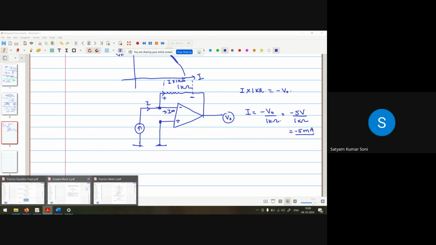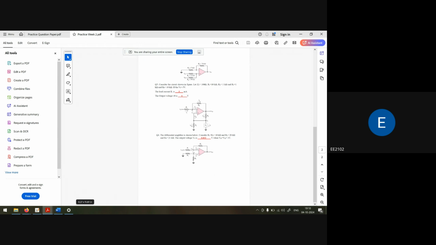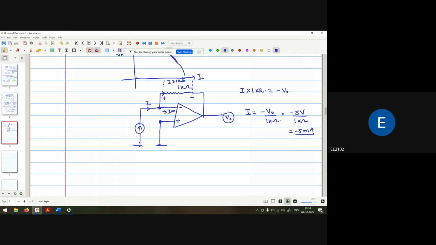Any other doubts? Yes, sir, in question 4. The output voltage of the amplifier, when V1 is 1 volt and V2 is 400 millivolts, with resistors 5 kilo ohm, 70 kilo ohm, 25 kilo ohm and 50 kilo ohm.